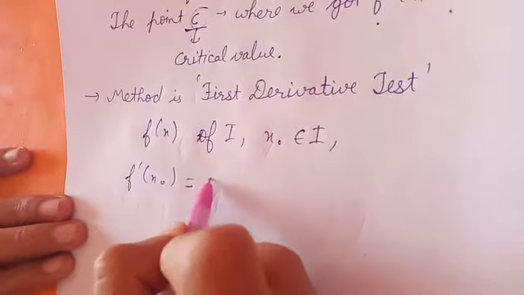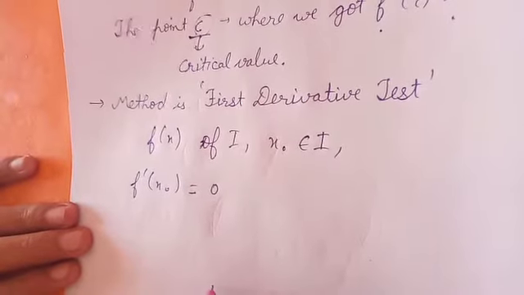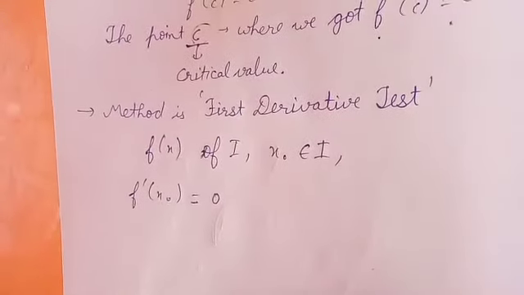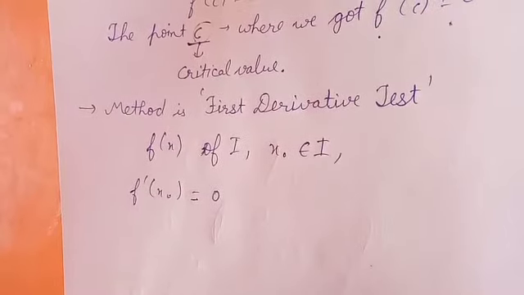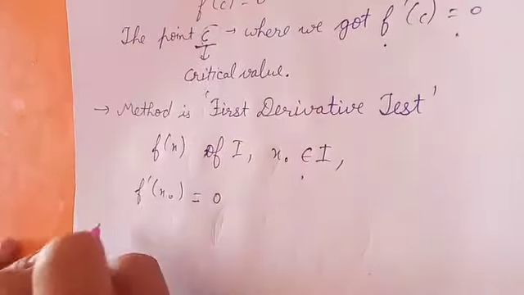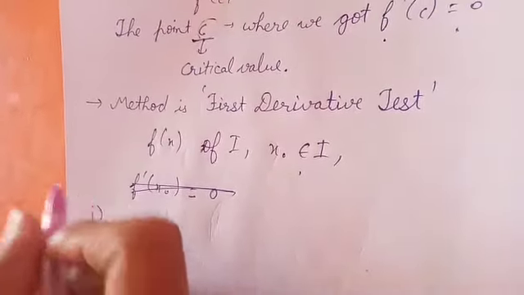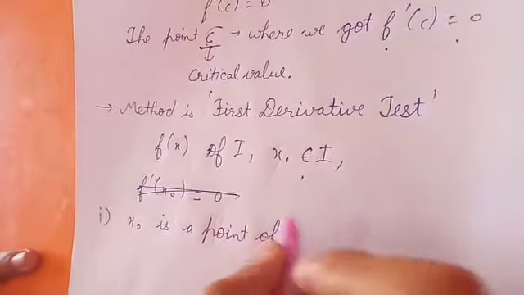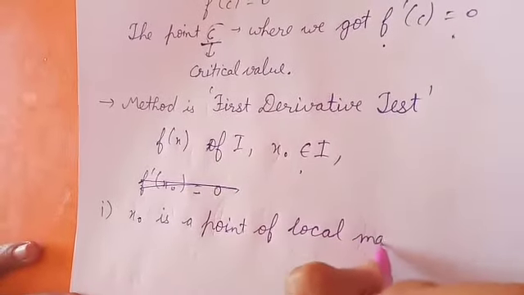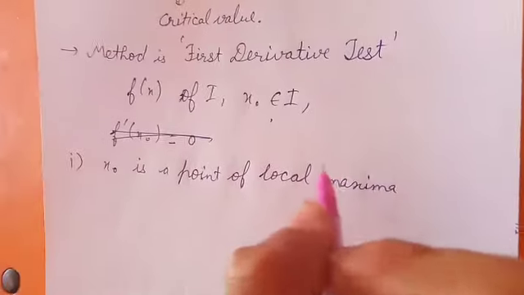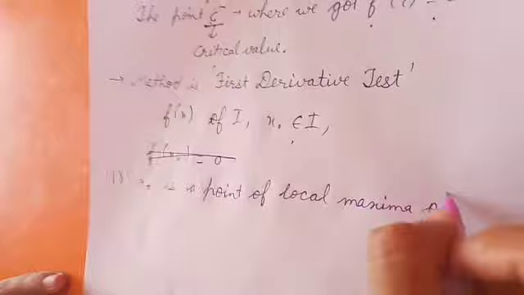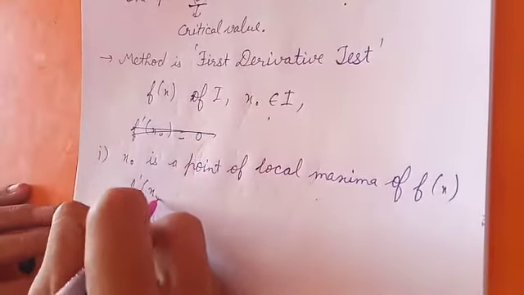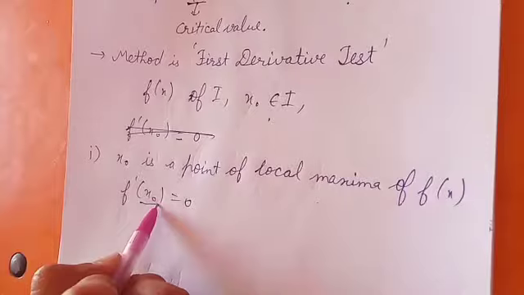Let f of x be any differentiable function on I and let x naught belong to I. Then x naught is a point of local maxima of f of x if, first, f dash x naught is equal to 0, meaning x naught is our critical value here.